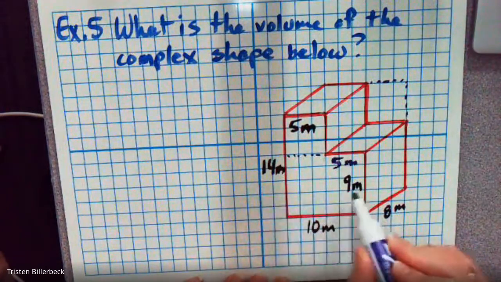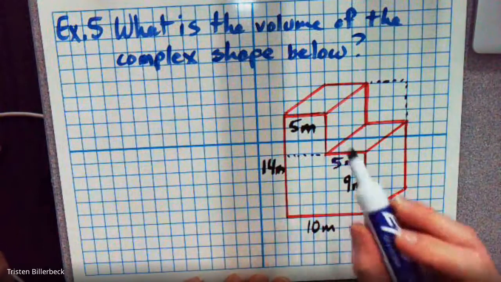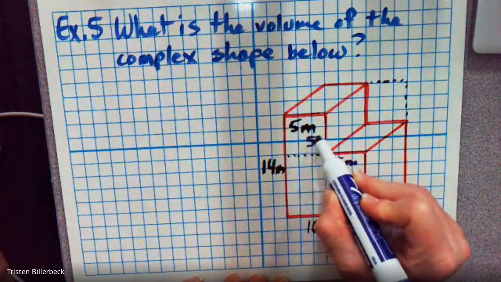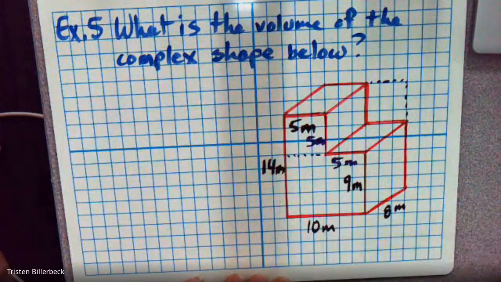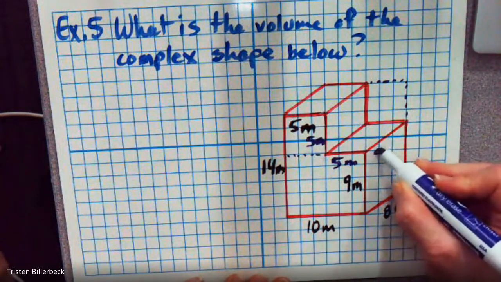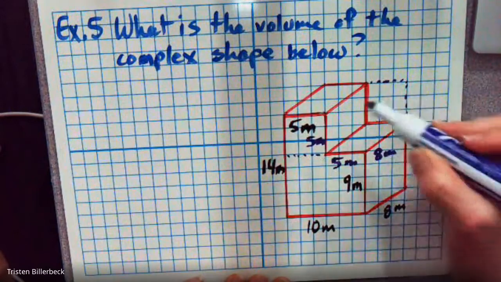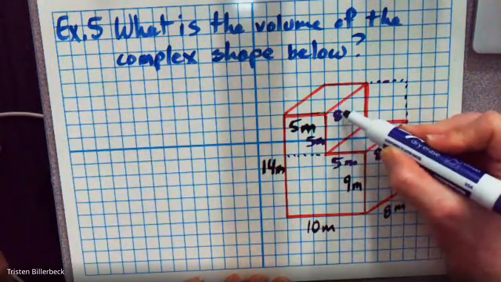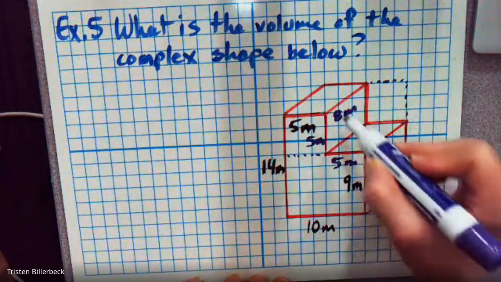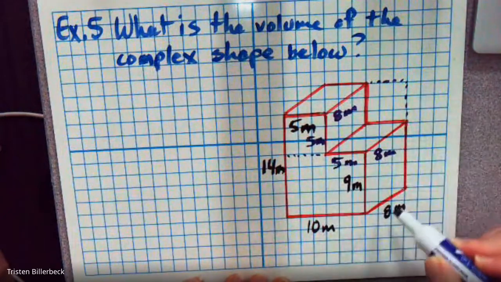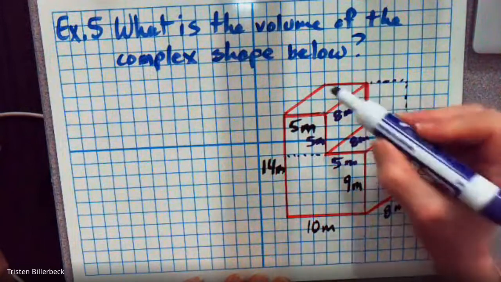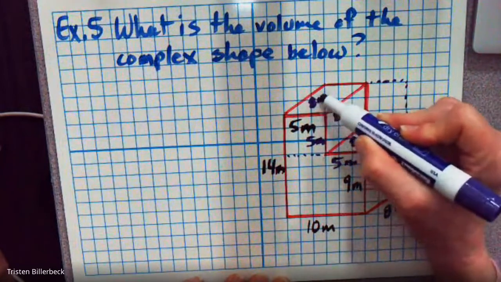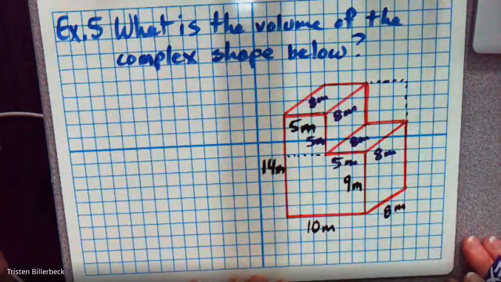So 14 minus 9 gives us 5 meters here as well. So 5 plus 9 is 14. Okay, also we know that this is 8 meters here, and this is also 8 meters here. So all these lines in the depth are all the same. You have 8 meters here, 8 meters here. So they're all the same.